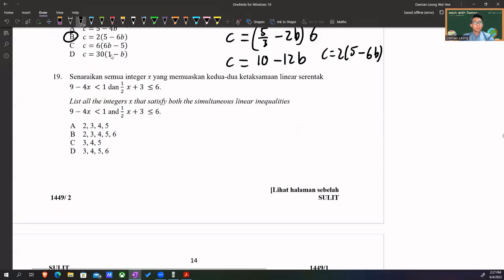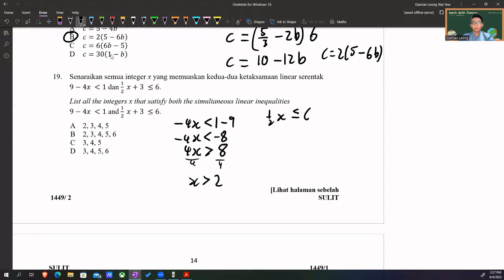Question 19. List all the integers of x that satisfy both the simultaneous linear inequalities. So both of these. First, solve each one first. -4x less than 1 minus 9, -8. So cancel off the negative inequality. Make sure you remember to change direction. Then I just divide 4 on both sides. x more than 2. The other one, half x, bring over the 3. Plus 3 opposite minus 3, which is 3.